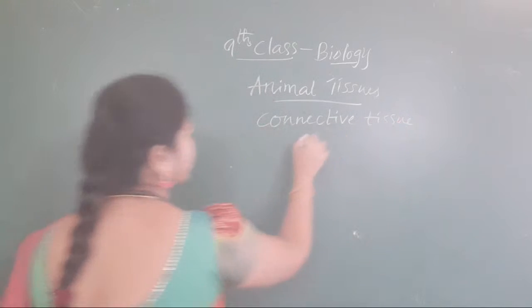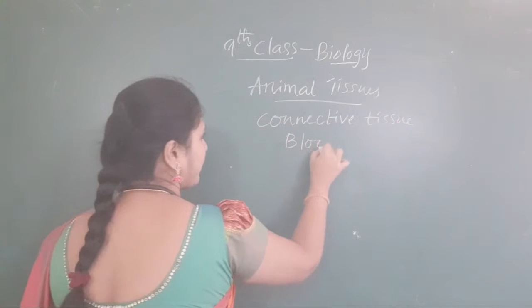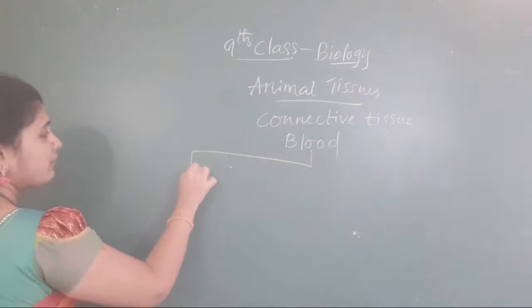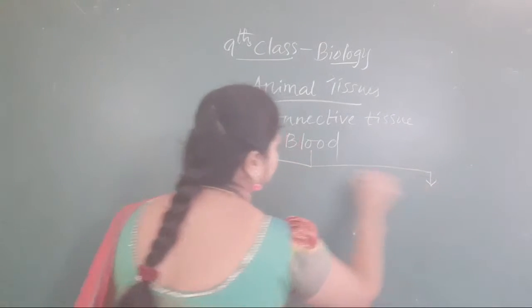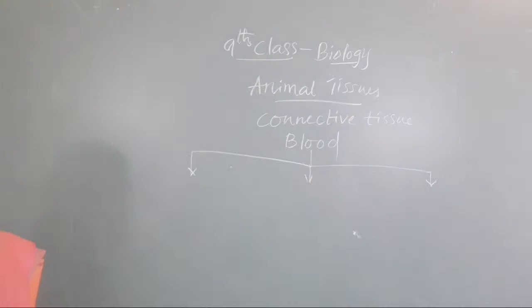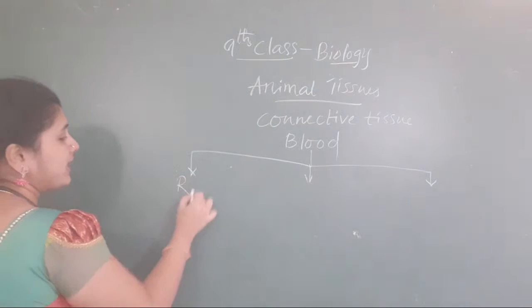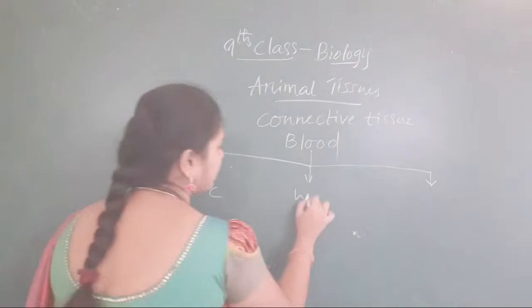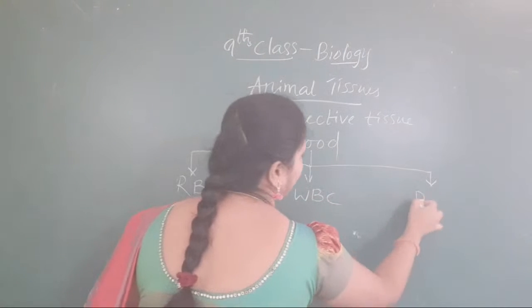In the connective tissue, the type we are discussing is blood. Blood has 3 types of cells present: RBC, WBC and blood platelets.